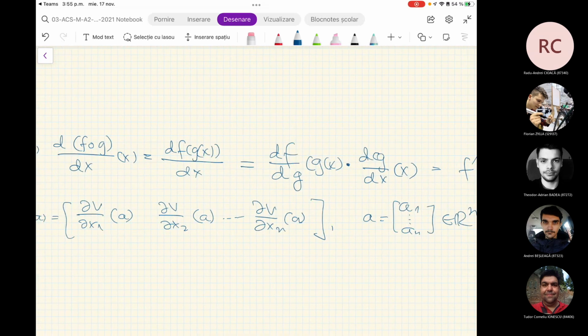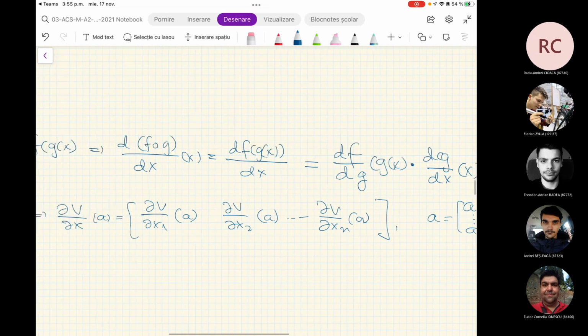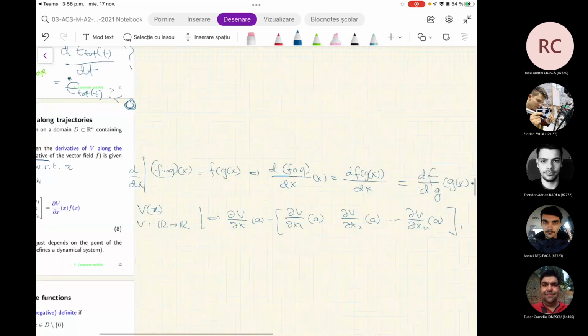This is the gradient. I just remind you from math.